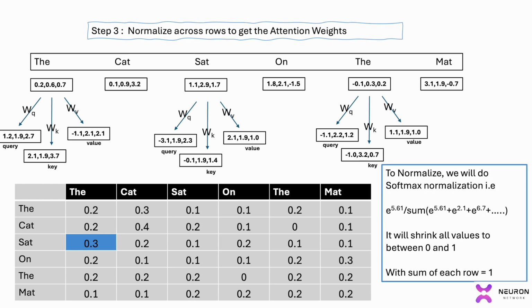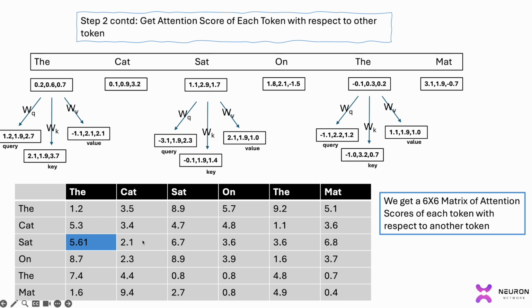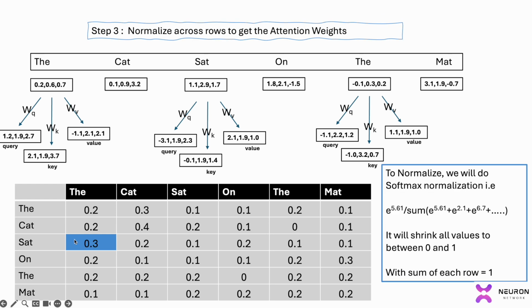Step 3 is to get from the attention scores to attention weights. Attention weight is nothing but a normalized score across the row. So we normalize our values, which were unnormalized. By normalization, we mean that we shrink these values in a proportionate way to be between 0 and 1. The way to do that uses the natural Euler number, e.